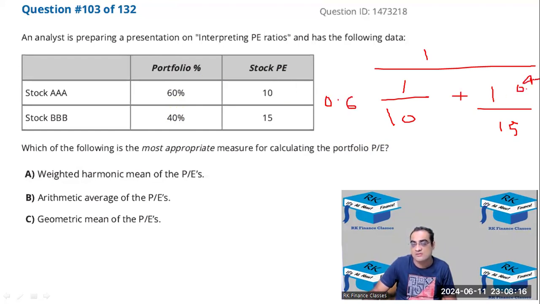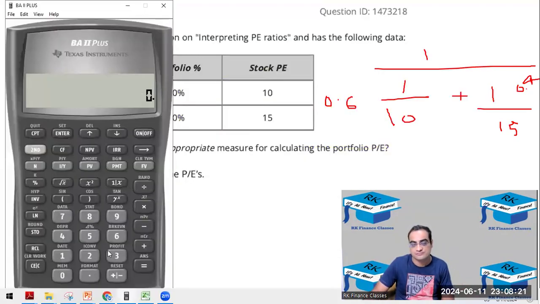Okay, so let's do it. 0.6 into 1 upon 10, that's the first term. I'm storing that in memory number 1. Second term, 0.4 divided by 15, storing that in memory number 2. Recall 1 plus recall 2, and then take the inverse of that.